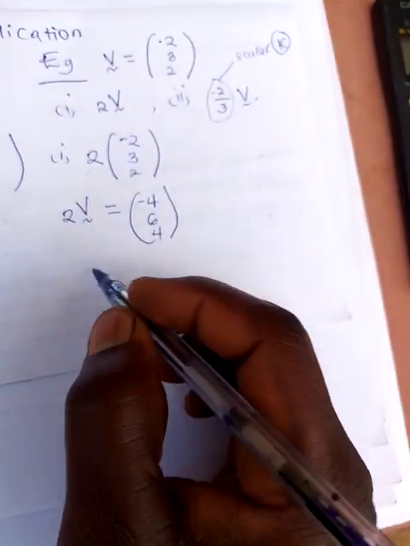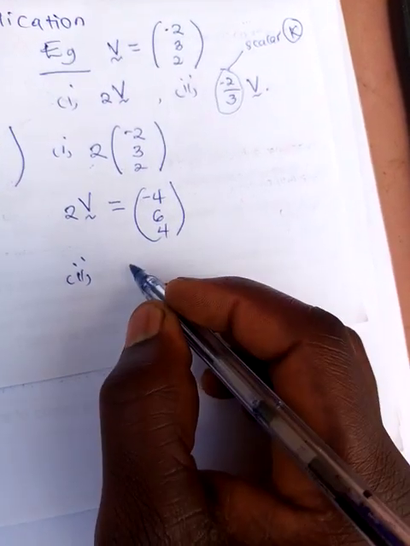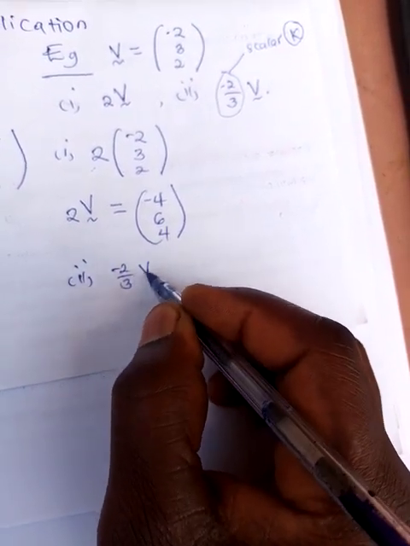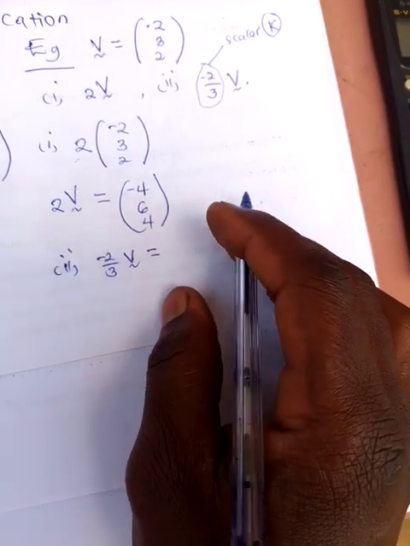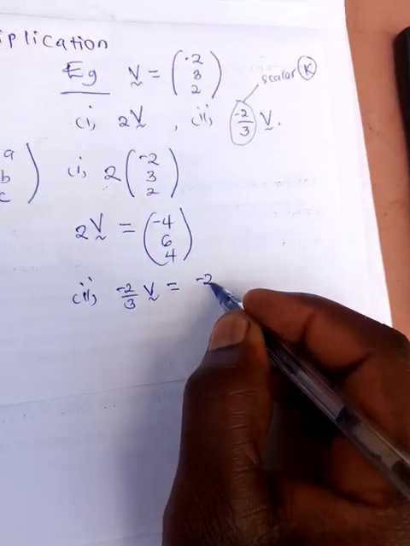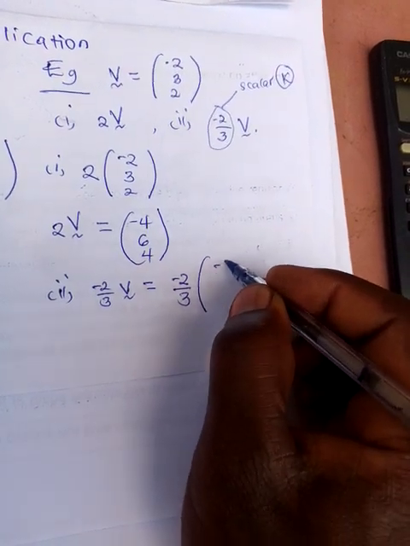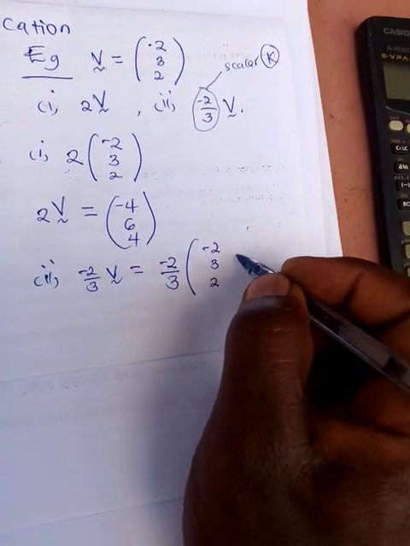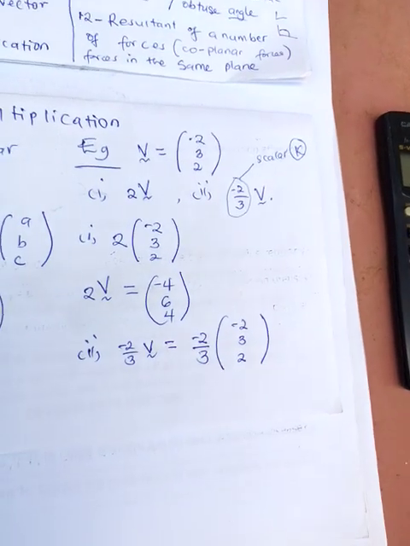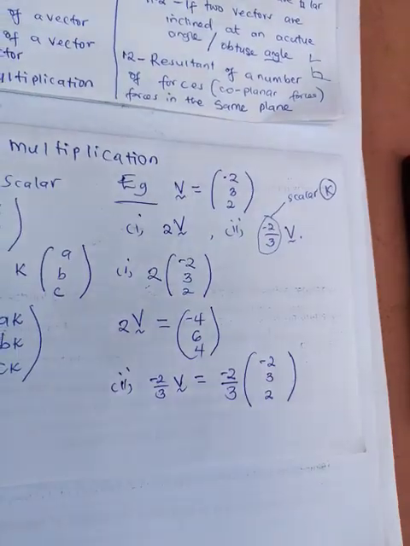Roman numeral 2 gives us negative 2 out of 3 v will equal negative 2 out of 3 into negative 2, 3, 2. See that?